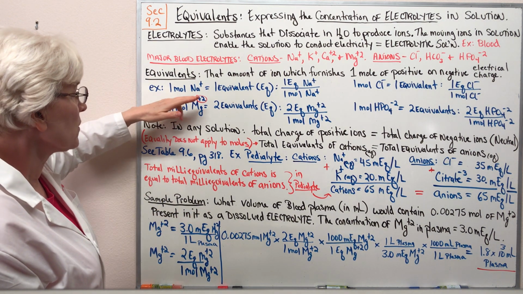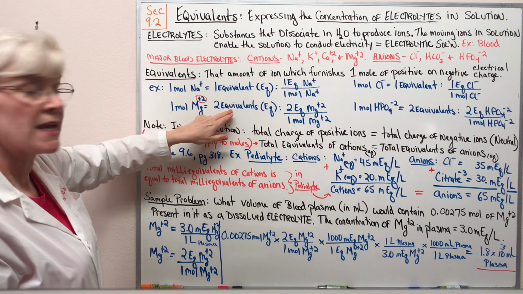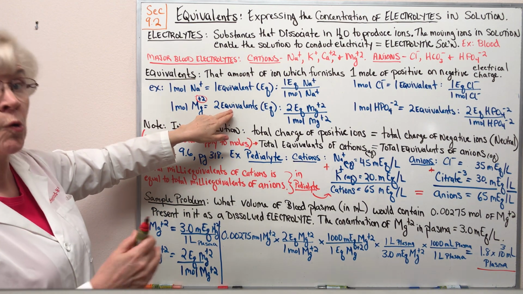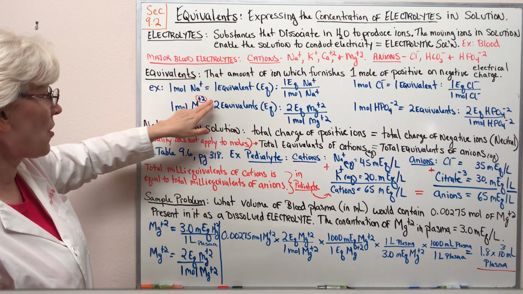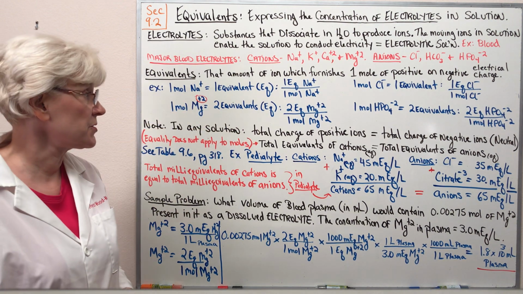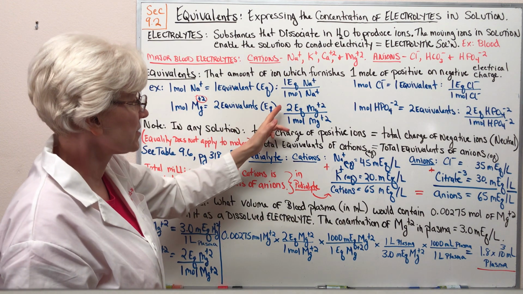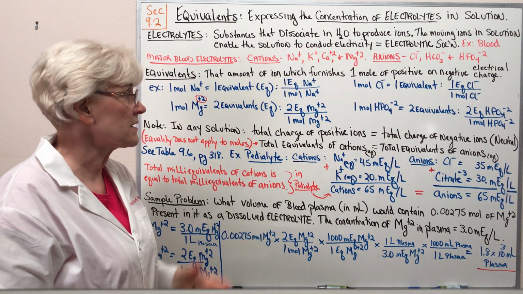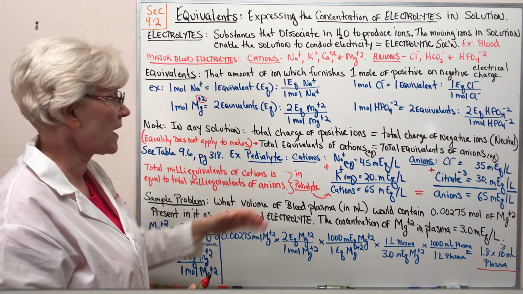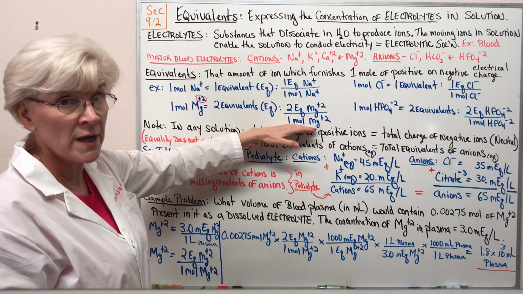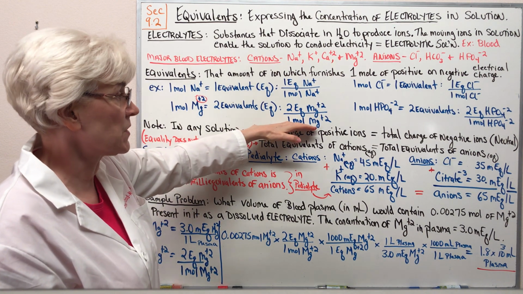Therefore, 1 mole of magnesium ion contains 2 equivalents because of the +2 charge, and you can write that as a conversion factor. There are 2 equivalents of magnesium +2 ion present in 1 mole of magnesium +2.